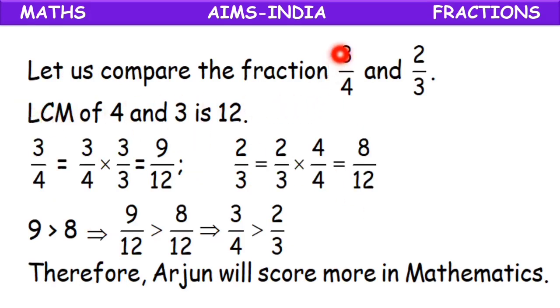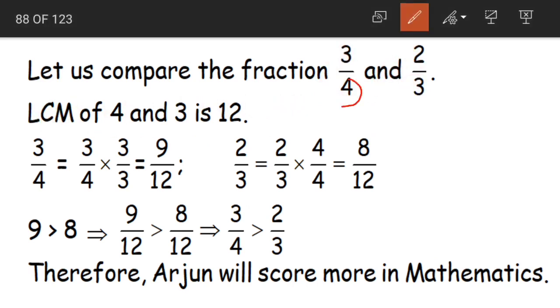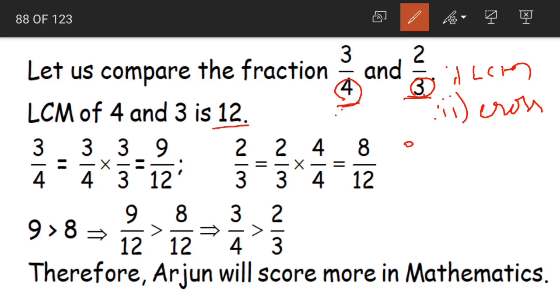For comparing the fractions 3 by 4 and 2 by 3, do you remember how to compare unlike fractions? These are unlike fractions with different denominators, right children? Yes, these are unlike fractions. Now how to compare? We have two methods. The first one is the LCM method and the other one is the cross multiplication method. Now coming to the LCM of the given numbers 4 and 3, it is 12.